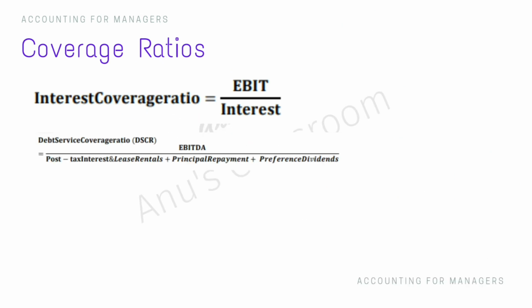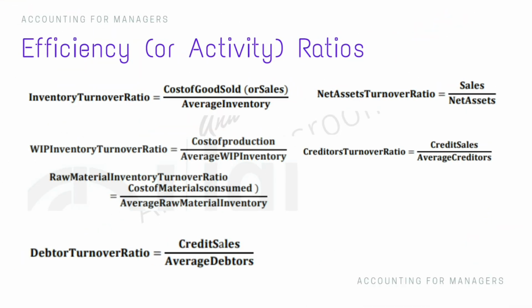Then we have the coverage ratio, which is mainly the interest coverage ratio and the debt service coverage ratio. And we have the efficiency or activity ratio, which could be the inventory turnover ratio, the work in progress inventory turnover ratio, raw material inventory turnover ratio, or the debtor turnover ratio, net assets turnover ratio, or creditors turnover ratio.